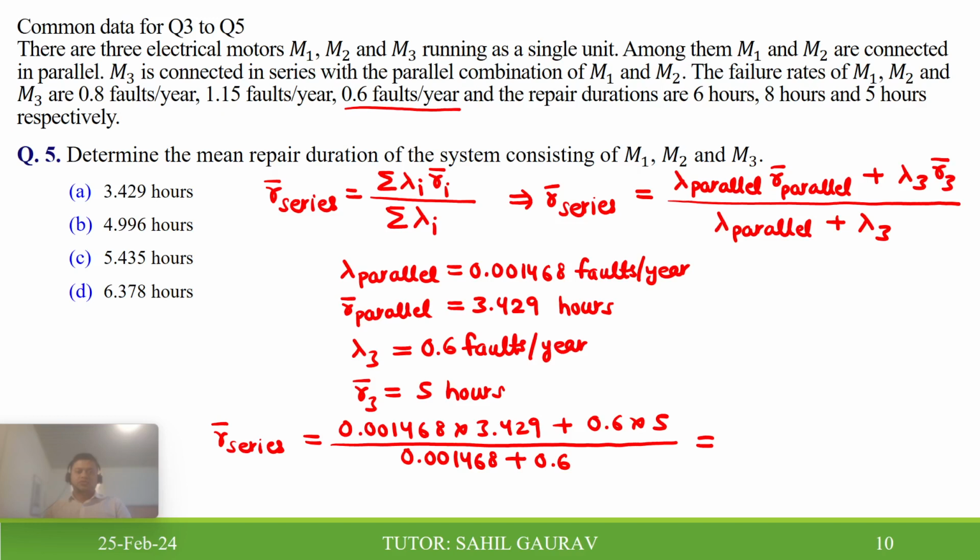The numerator you will get 3.005, and the denominator 0.001468 plus 0.6.